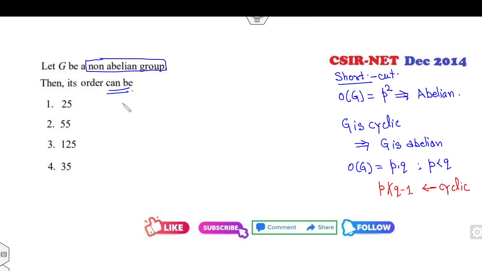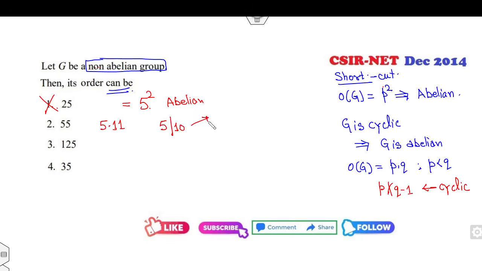So look at the first number, 25. It is P square where P is prime. So this is abelian, but we need a non-abelian. So this option is cancelled. 55 is 5 into 11, P into Q satisfied, but 5 divides Q minus 1.